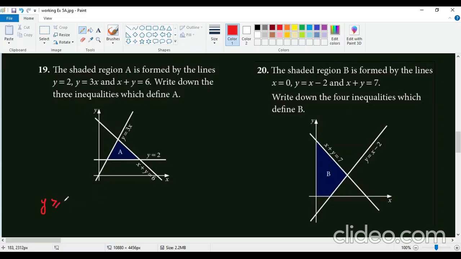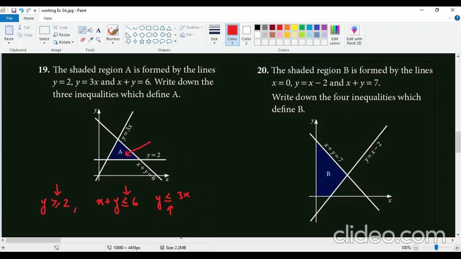Second, x plus y is less than or equal to 6. This is most important, you must always remember. And the third one is y is less than or equal to 3x. So these are the three inequalities I found considering this area.